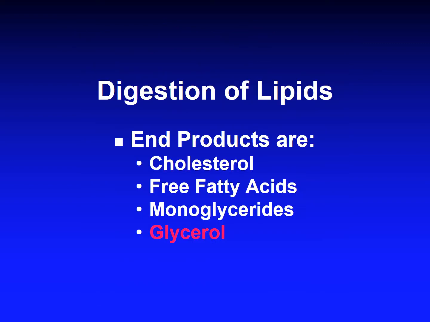Lipid digestion. We talked about two nutrients so far. First, carbohydrates, and second, proteins. We have two types of digestion. One that happens in the lumen of the gut, oral cavity, stomach, and intestine, and one that happens at the level of the apical membrane of the enterocyte by membrane-bound enzymes.